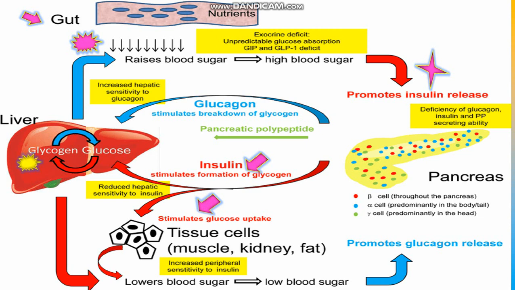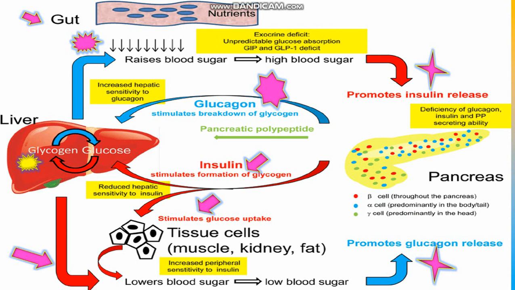As a result, this glucose will be converted into glycogen, and what will happen? The blood glucose level will decrease. Now, the low blood sugar level is also not good, so it would promote the secretion of glucagon. Now there is increased glucagon production in the blood.